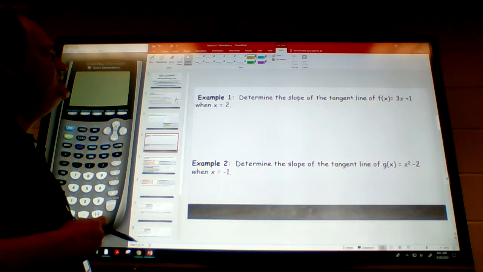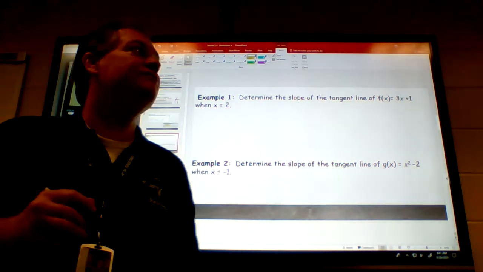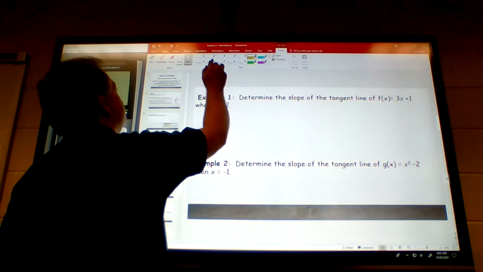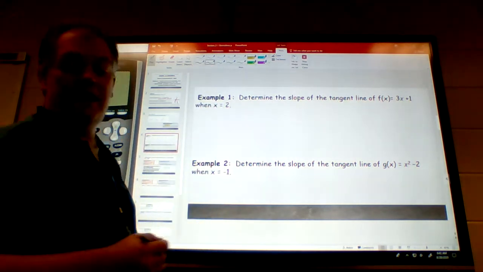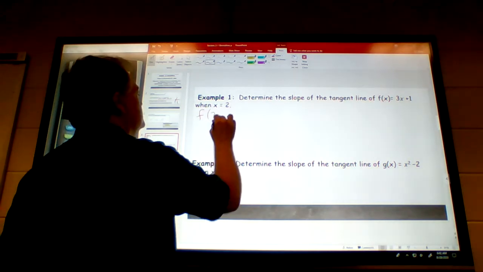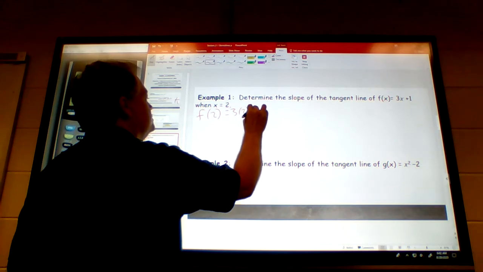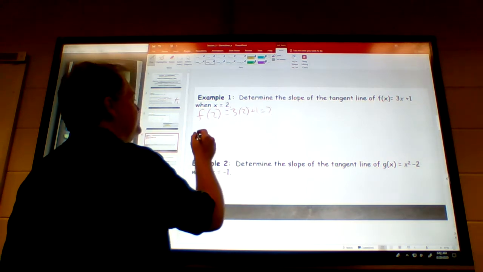Here's what we're going to have to do. It says determine the slope of the line tangent to f of x when x is equal to 2. Okay, so there are a couple of things we have to compute first. First, we have to compute f of 2. f of 2 equals, just simply plug it in, 3 times 2 plus 1 equals 7. Okay, so f of 2 equals 7.